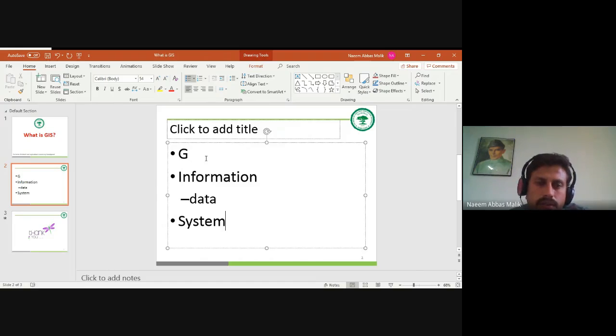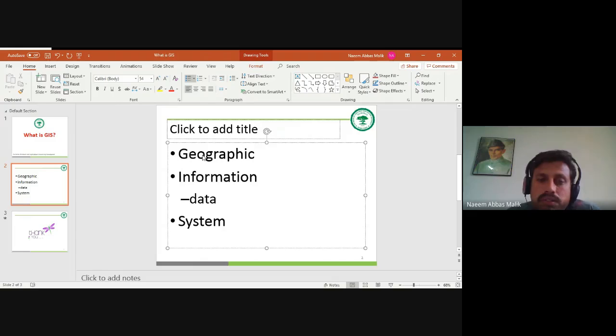The last word is geographic. Geographic means any data that is related to Earth. It means any data which has some locational component in it is called geographic.